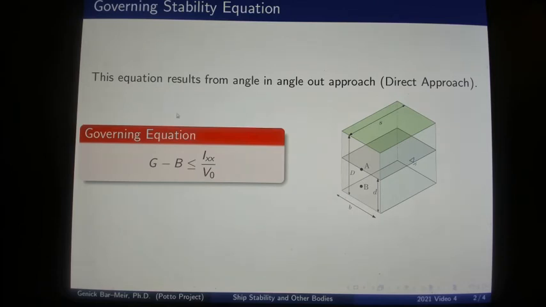The governing equation is that the difference between G and B has to be smaller than the ratio of the moment of inertia to the volume. The moment of inertia is a typical thing that can be calculated for an area. It's the area of this gray shape that is given here.